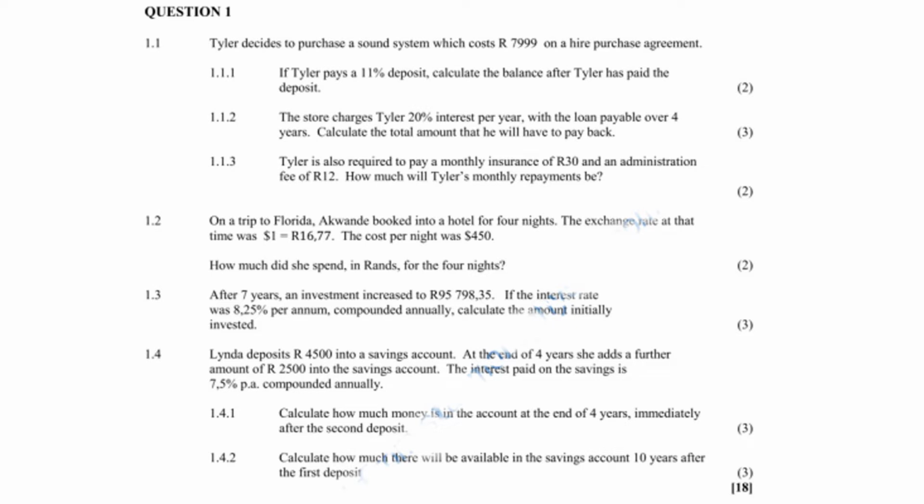All right, so here we are told that Tyler is charged an interest of how many percent? It's 20%. So what is 20%? 20% is equal to 20 over 100, which is 0.2. And as we proceed, we are told that the loan is payable over 4 years.